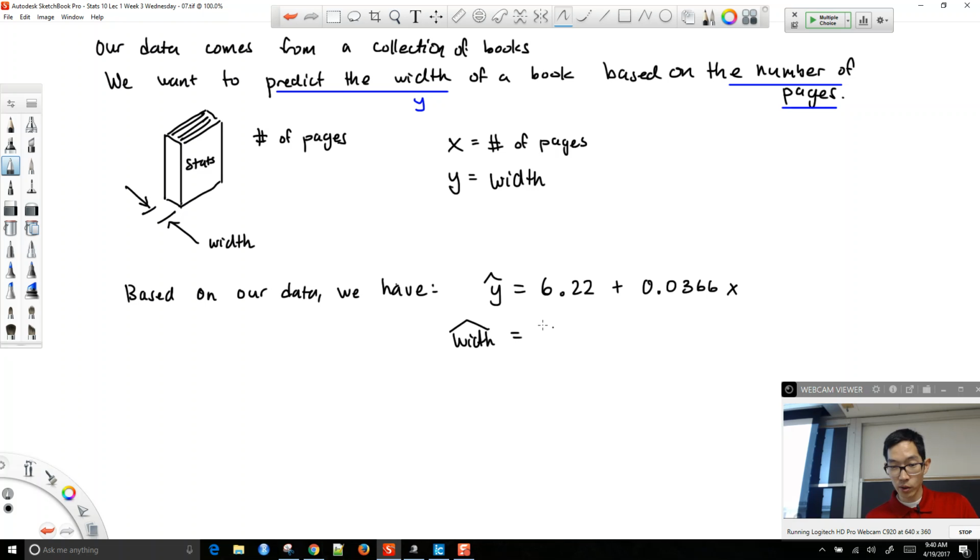All right. So if a book has 100 pages, we predict, work quickly here, we predict the width to be what? I'm going to give you some answer choices here.